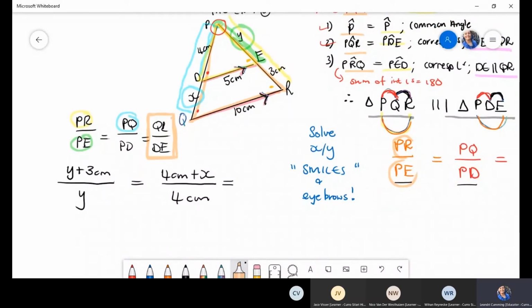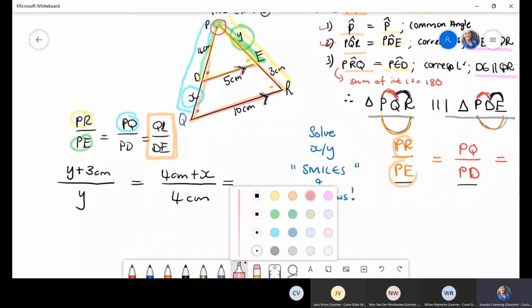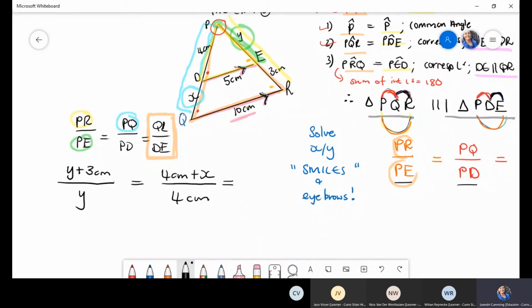Now let's find QR. QR is 10 centimeters. Let me just separate that. Okay, and what is DE? Okay, DE is 5 centimeters. Right, there we go.